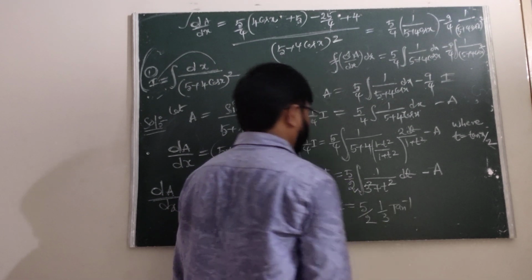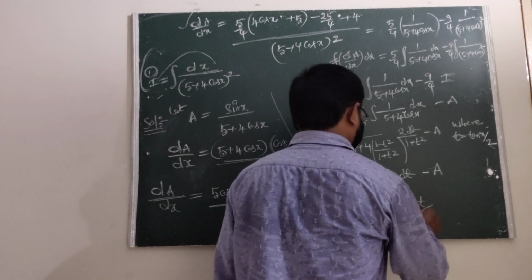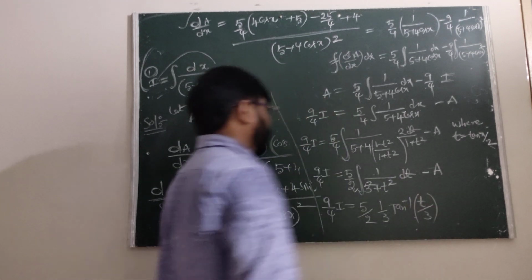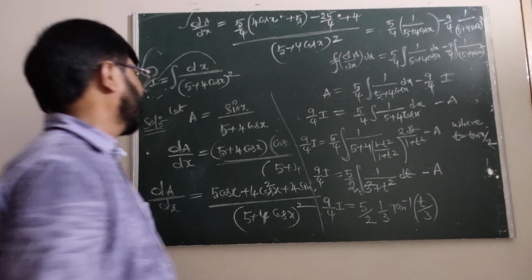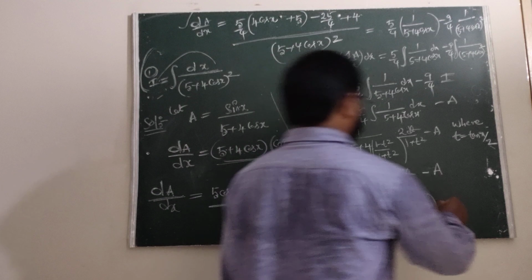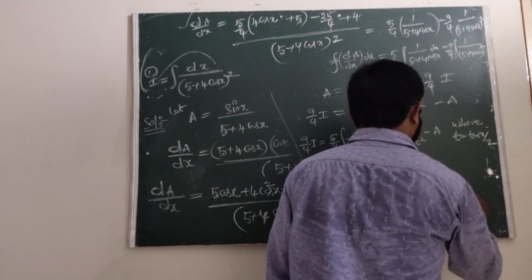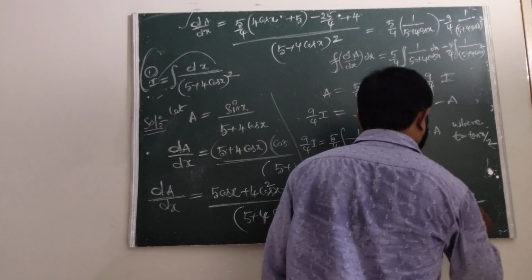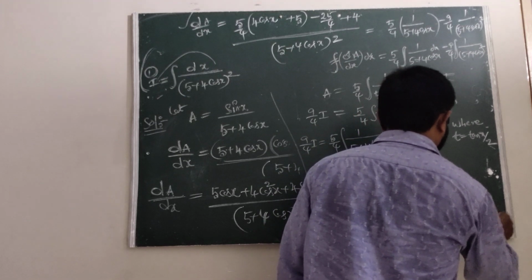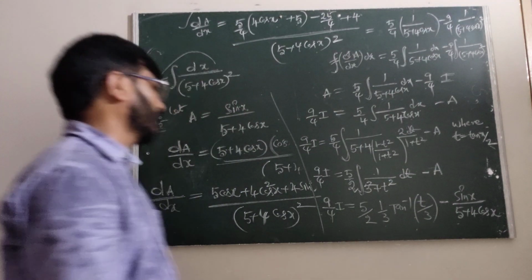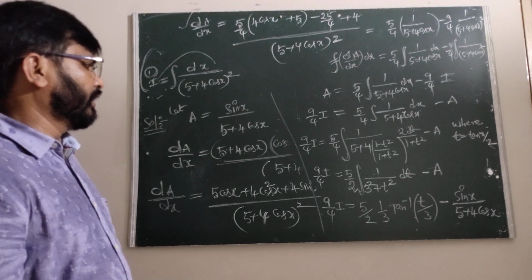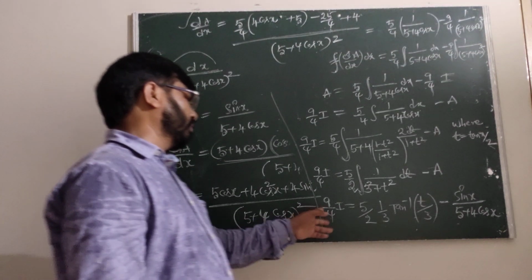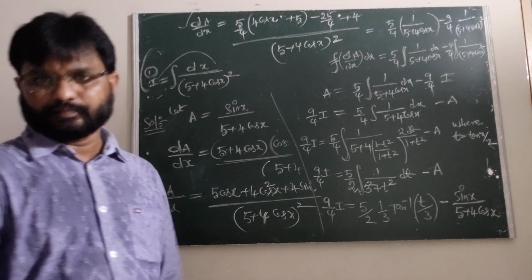Tan inverse of x by a is t by 3, tan inverse of t by 3, minus A. A is here minus of sin x upon 5 plus 4 cos x. This is the answer.